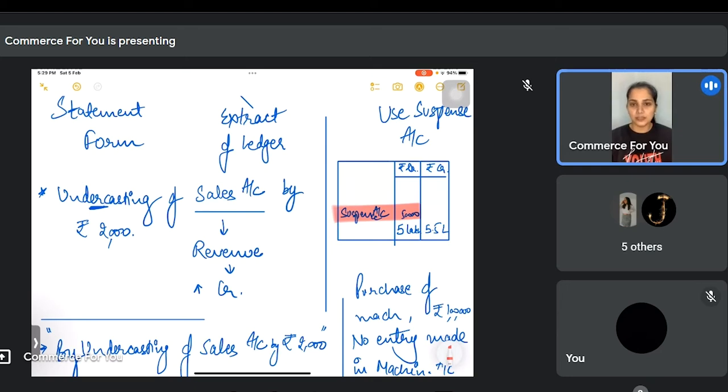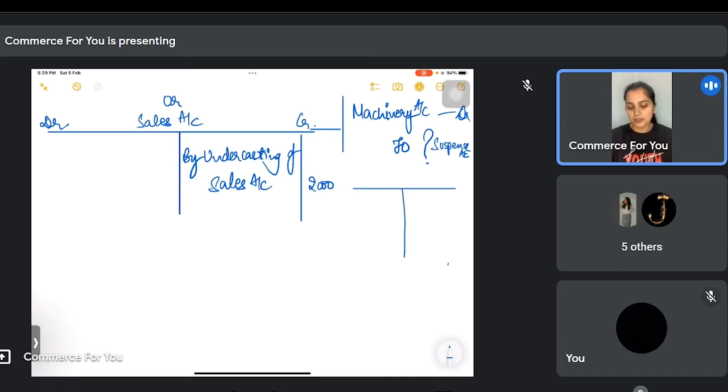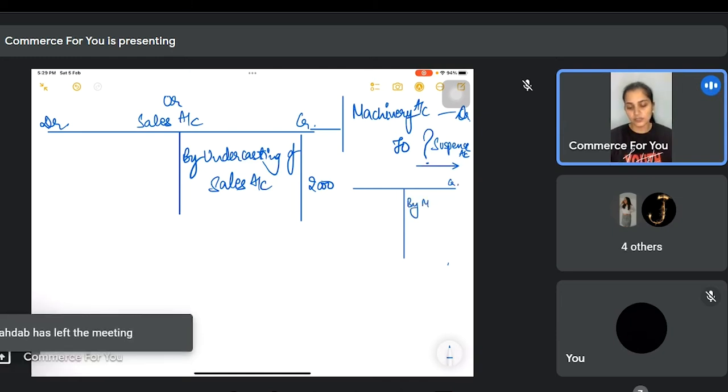Ultimately its debit will be equal to credit, and sometimes they ask you, okay, what was the total of errors, or what was the net amount that has affected your trial balance. तो उस टाइम पे क्या होगा, you are going to prepare your suspense account, and definitely जो भी आपने journal entries में errors correct कर रहे हैं, let's say here you have written to suspense, that means suspense was credited, na, on credit side you are going to write by machinery.